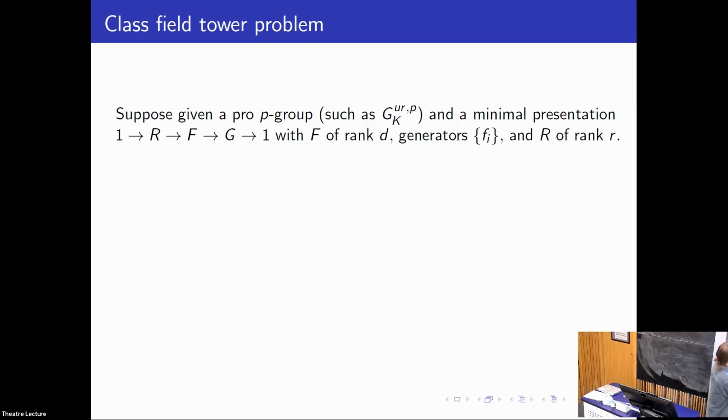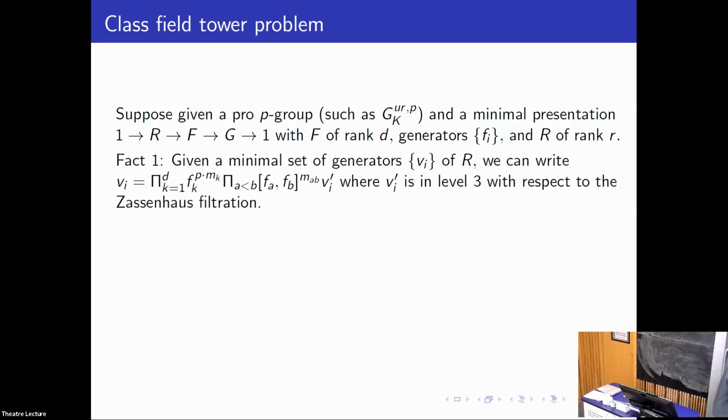So, if I have a pro-p group and a minimal presentation, I'll let the generators be called f_i, and say that R is of H2, a normal subgroup of rank r. Here are some facts I want to present to you.